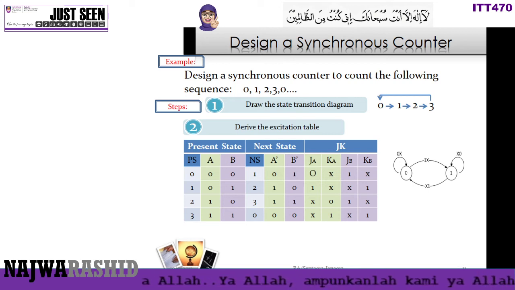After that, you need to do simplification based on the K-map. Based on your excitation table, you have how many outputs? 4 outputs here: JA, KA, JB, and KB. So you need to derive 4 K-map tables, 1 for JA, 1 for KA, 1 for JB, and another one for KB.